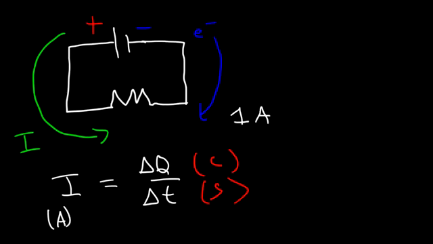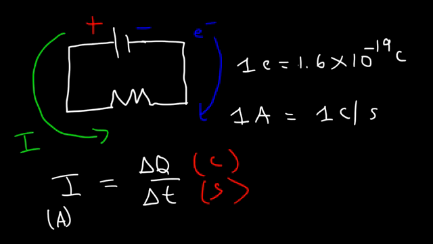So 1 amp is equal to 1 coulomb per second. And electric charge is associated with the quantity of charged particles. An electron has a charge equal to 1.6 times 10 to the negative 19 coulombs, and it's negative.